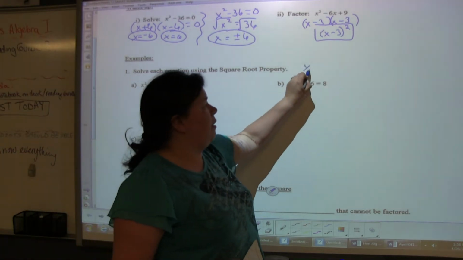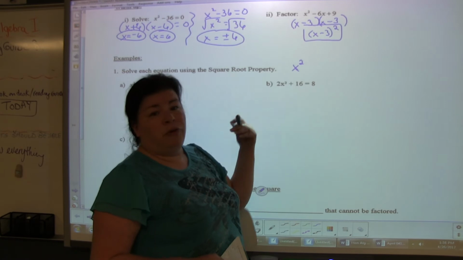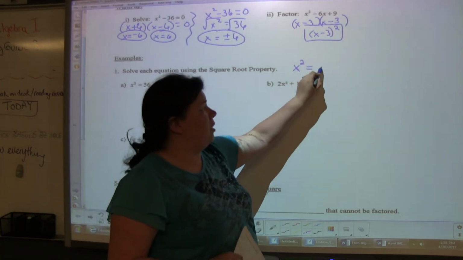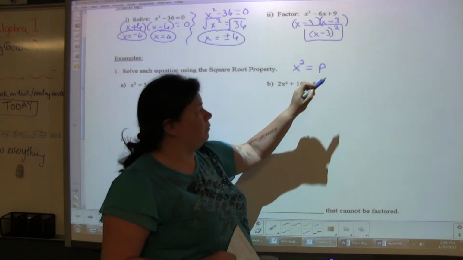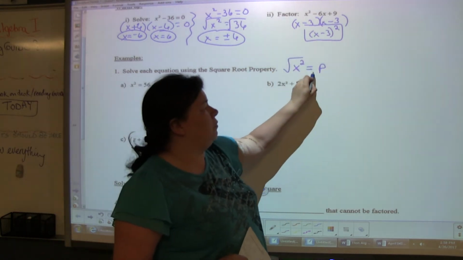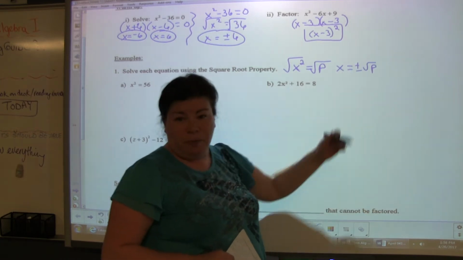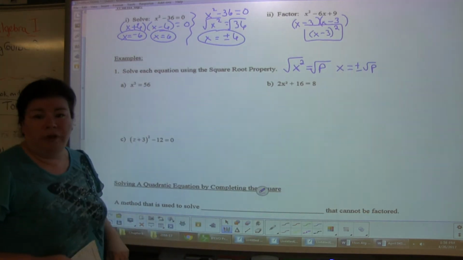So when you have the square root property set up like this, you can take the square root of some value, and it's going to be plus and minus the square root of p, or some number.